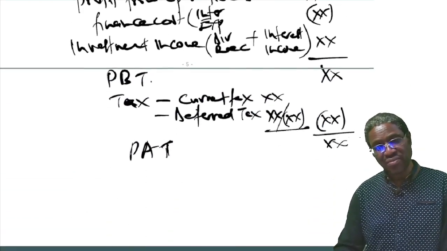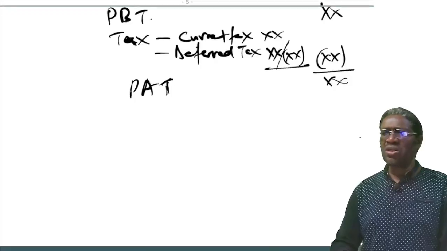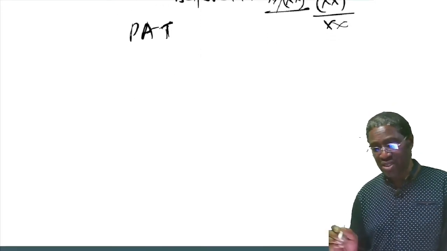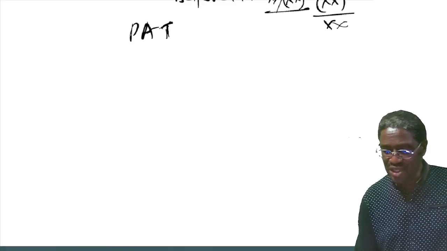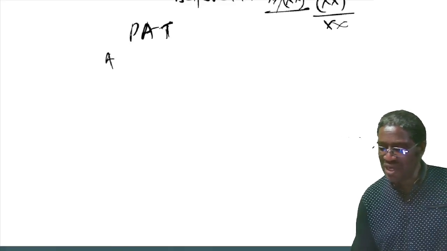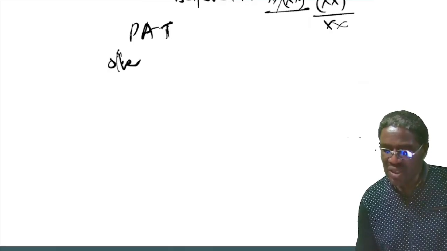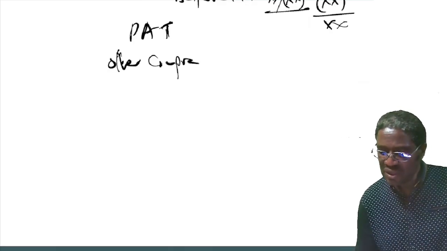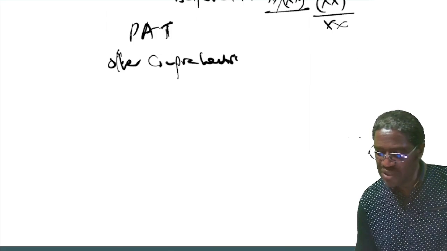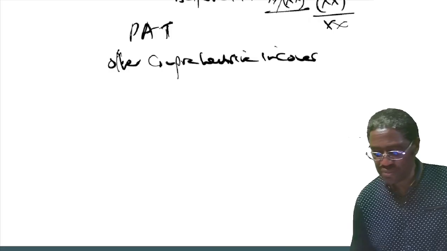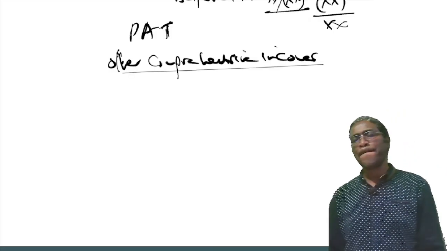Now listen. Once you get the profit after tax, it is at this point that you come and now show what we call other comprehensive income. Other comprehensive incomes. Listen.